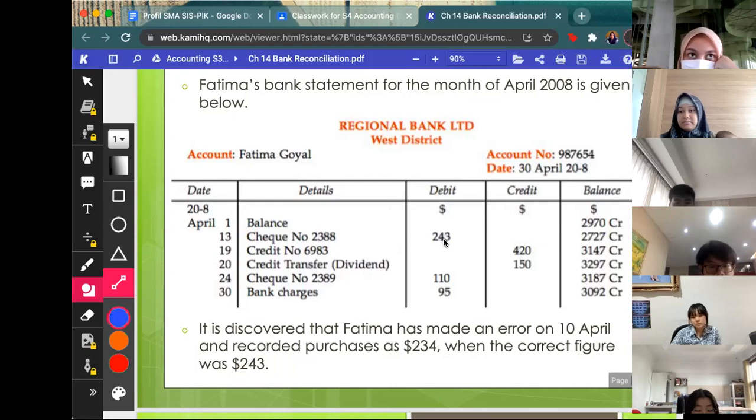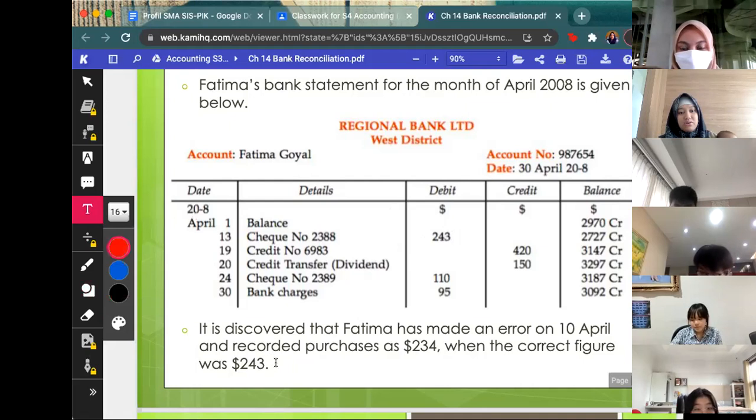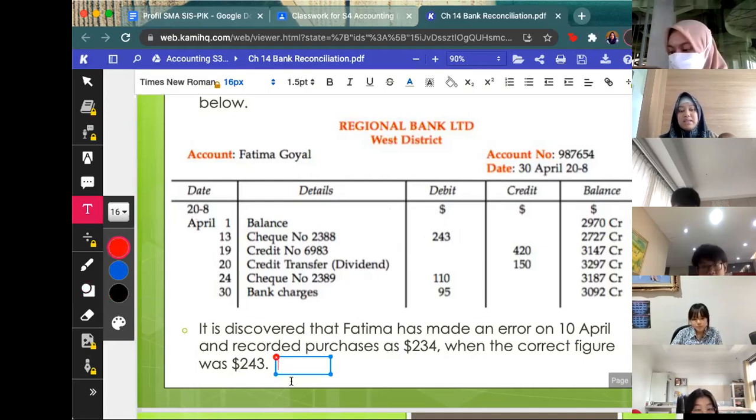Is this the correct one or the wrong one? The correct one. So what can you conclude? Who made the mistake? The error made in the cash book or the error made in the bank statement?